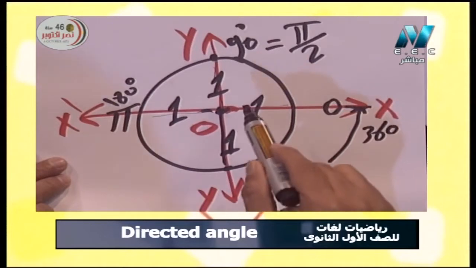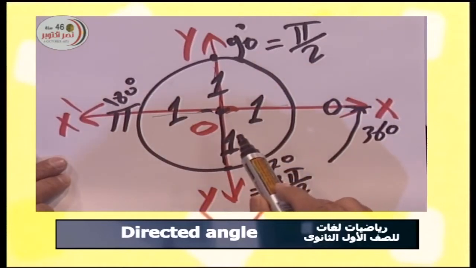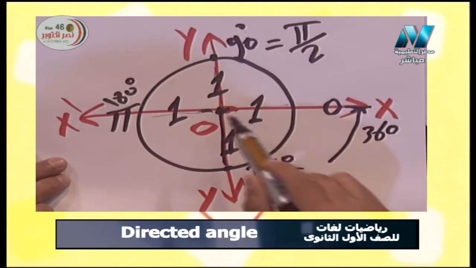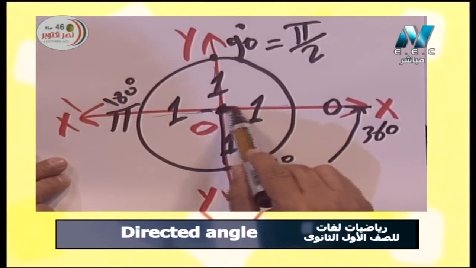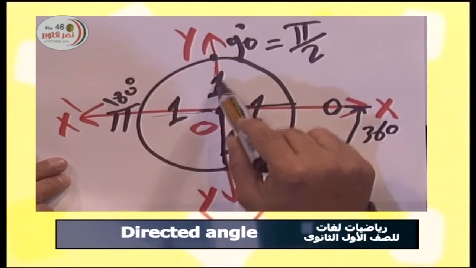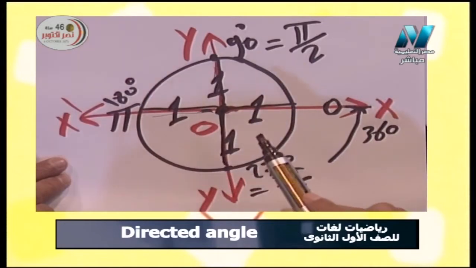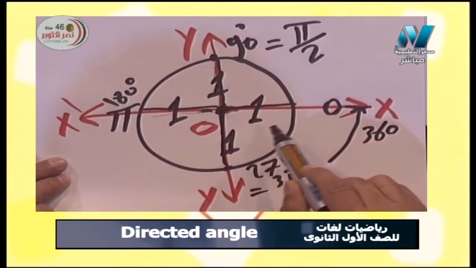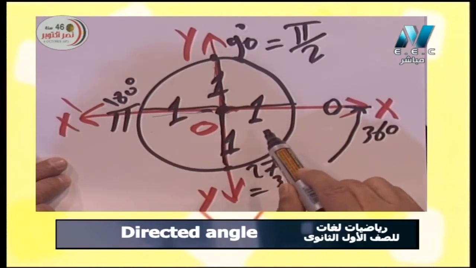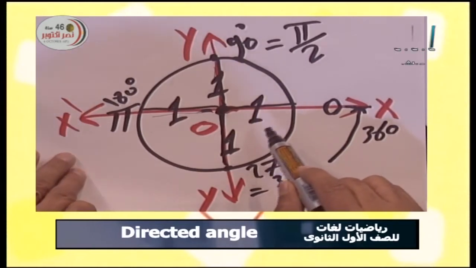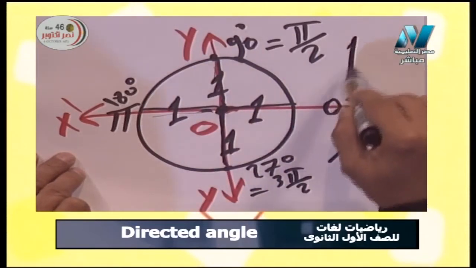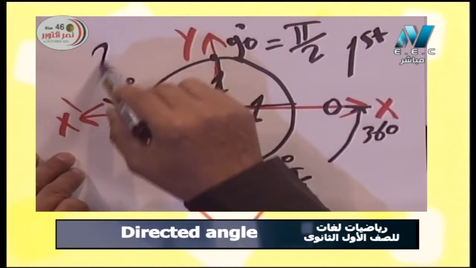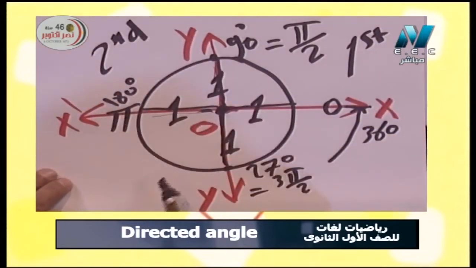So we have here the unit circle, which is very important for you to study. The origin point is the center of the circle, and each radius, because radii are equal in length, equals the unit, 1 centimeter, 1 meter, 1 kilometer, the length unit. This is a unit circle. This is the first quadrant, second quadrant, third quadrant, fourth quadrant.